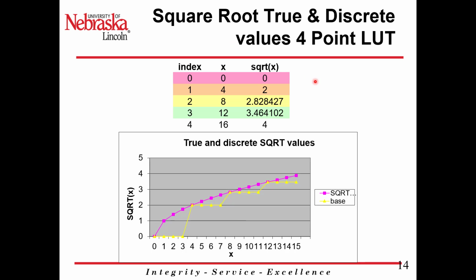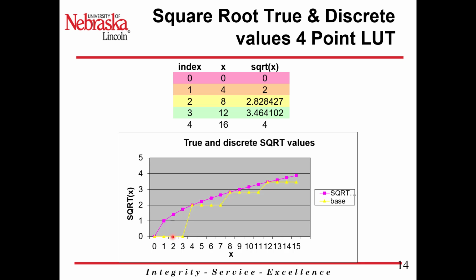Essentially, here is our square root table. We have x values going from 0 to 16, so 0 to the square root of 4, square root of x, which is 4. You can see the actual true discrete values for the square root as we go from 0 to 4 on this chart, and it also shows the base values.